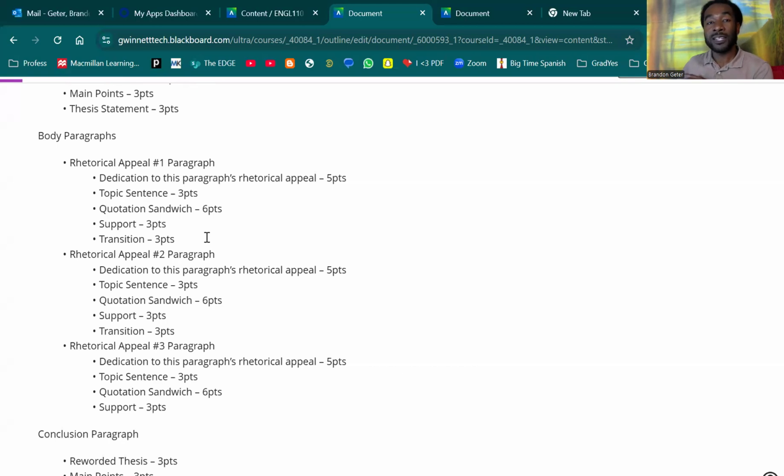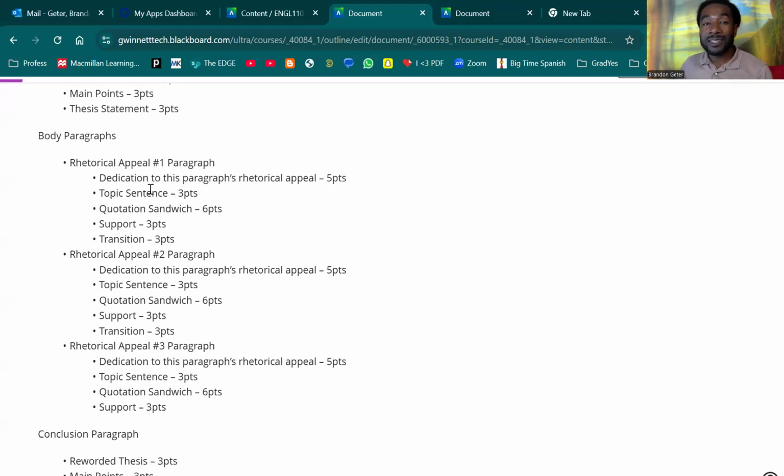Third body paragraph dedicated to the last rhetorical appeal. And you can use them in any order. So your first body paragraph can be ethos, your second body paragraph can be pathos, your third body paragraph can be logos, or it can be logos, pathos, ethos, or pathos, logos, ethos, or pathos, ethos, logos. You can choose the order that you want to go in.